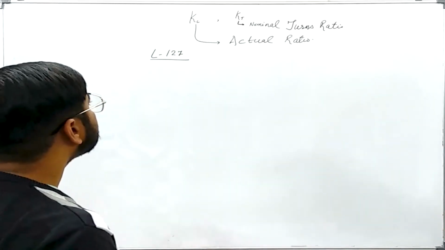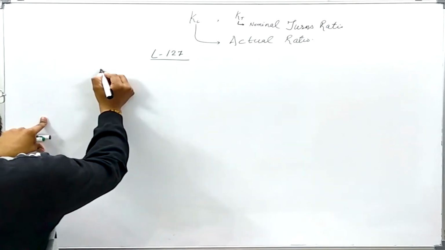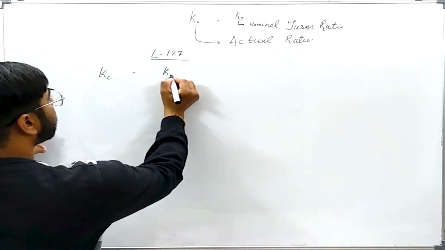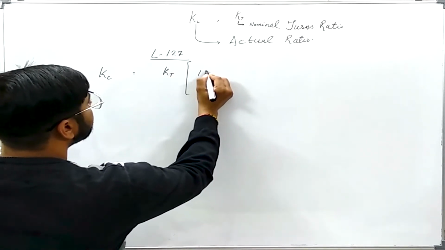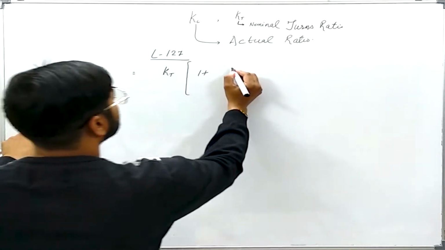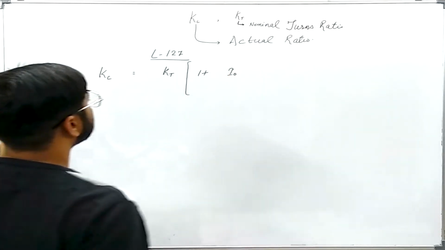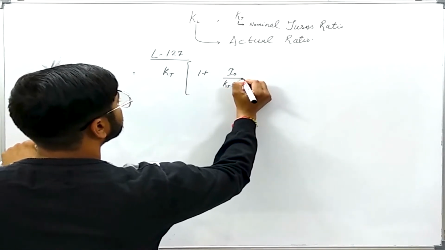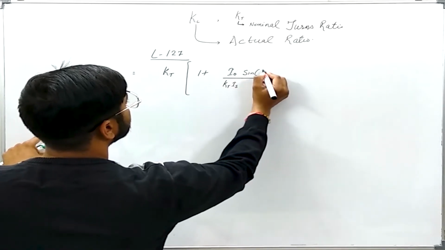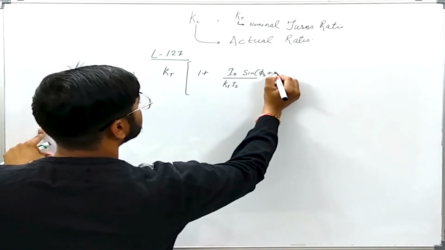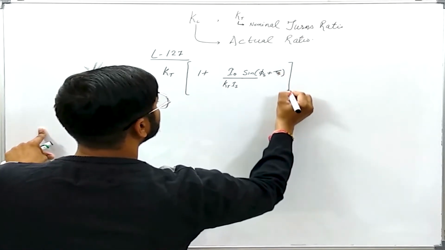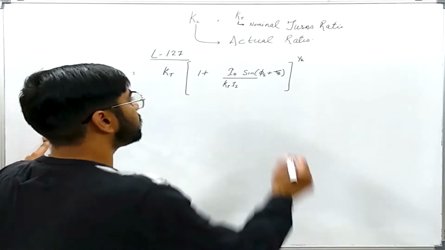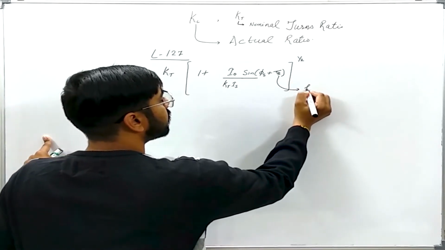we have seen that we can write Kc equals to Kt, 1 plus I naught over Kt Is, sin phi s plus zeta, over 1 by 2 raised to power 1 by 2. Now this zeta is the hysteretic angle.